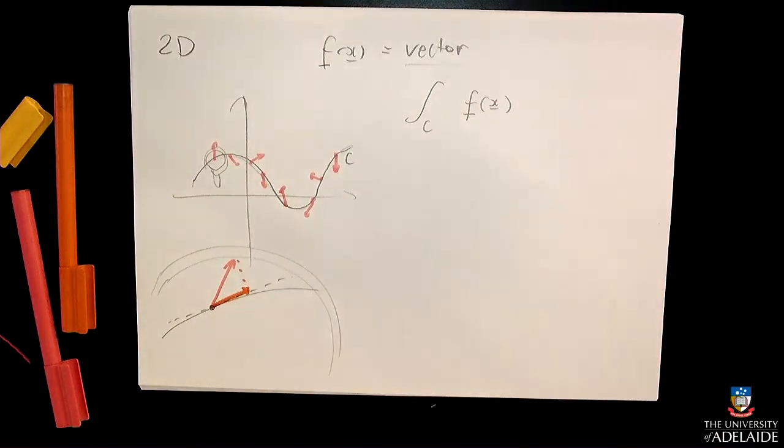To figure out the component of something in the same direction as something else, that's what dot products are for. We did it in Maths 1B when we did orthogonal projection. We asked how much of this vector is in the same direction as this space? I'll dot product with the basis of the space, and that will give me the coefficient.